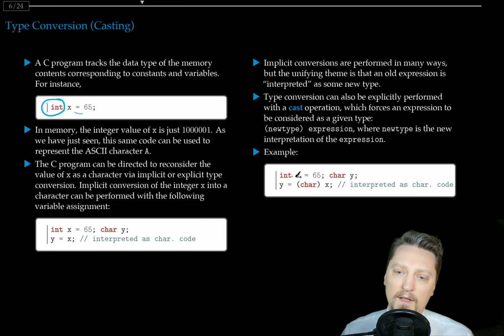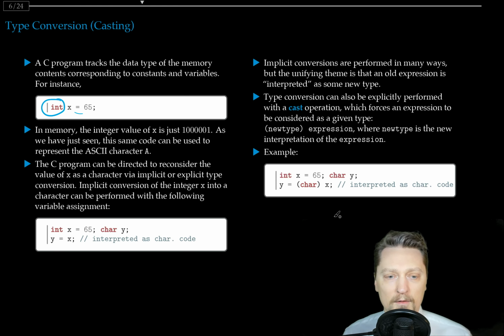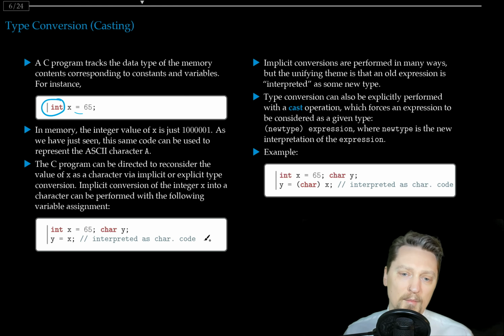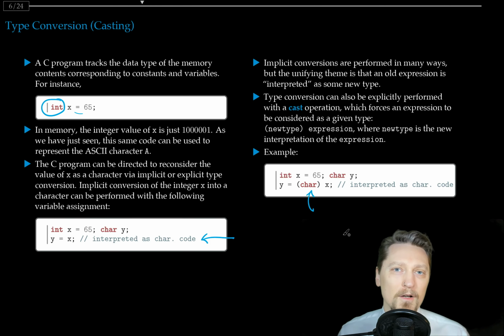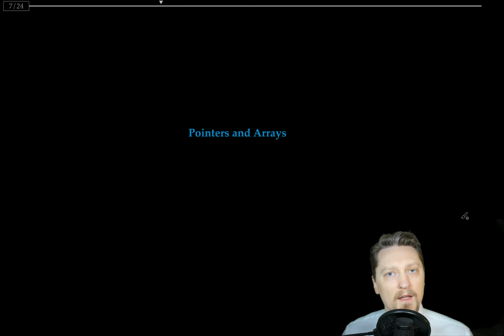For example, int x equals 65, our old friend, char y. We can say y equals, and explicitly cast x as a char, which is interpreted as a character code. So this is implicit, this is explicit. Explicit casting is usually preferred because it's easier to follow when you're reading someone else's code or your old code, as it often goes.